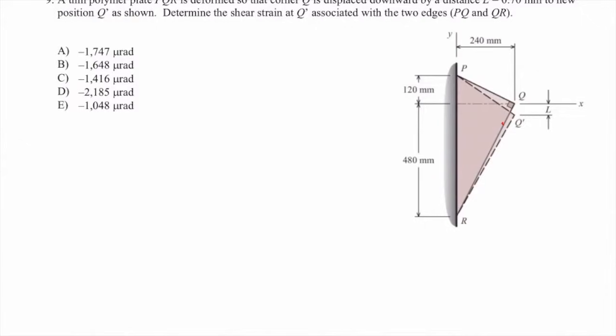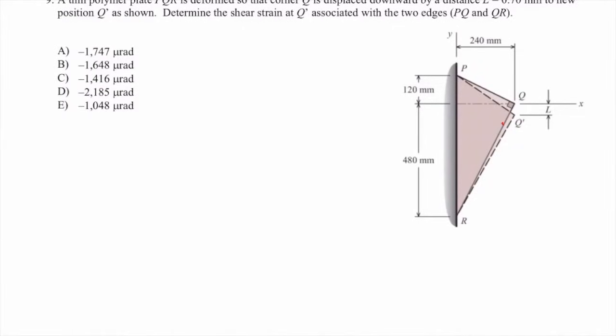Sometimes we can determine the angle after deformation, and the change would be the initial angle minus the angle after deformation. This is the case here. Sometimes we can directly measure the change in the angle.